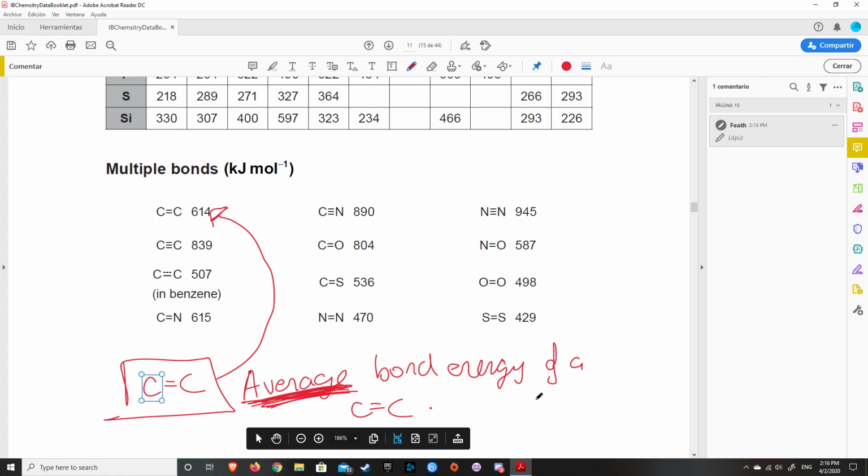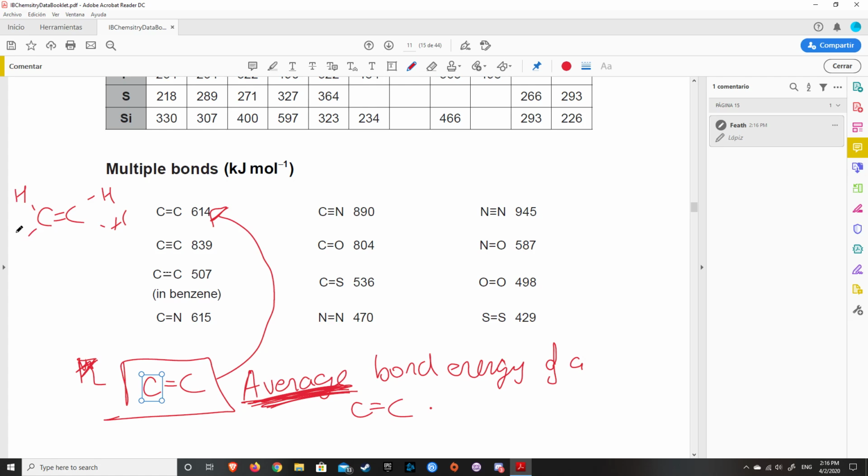So what we're going to see later on is that we can compare this bond energy. So let's do an example here. Let's do ethene combusting with oxygen to react to form CO2 and H2O.